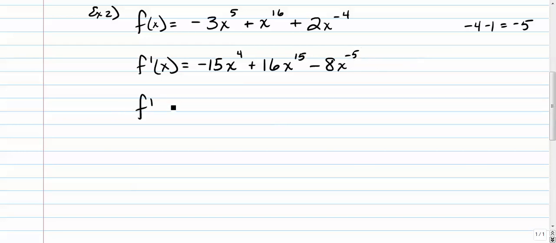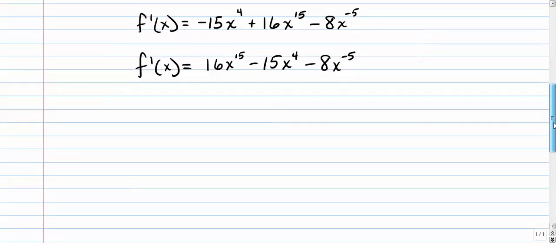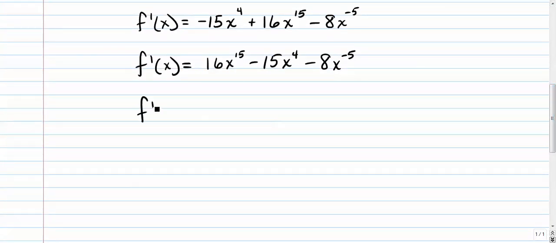A lot of times what you'll be asked is to put them in a nice order, so you try to get them into standard form. You want your biggest exponents first and your smallest exponents last. Depending on the exercise, you might also apply the exponent rules.